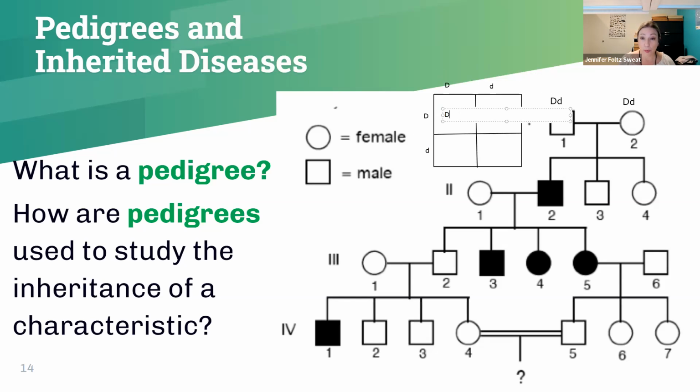Meaning that their offspring have a 25% chance of being big D big D, a 50% chance of being big D little d, and a 25% chance of being little d little d, and little d little d has the disease. And this is in fact what you see with the offspring. If the parents were homozygous recessive, there is no way their offspring could have the disease.